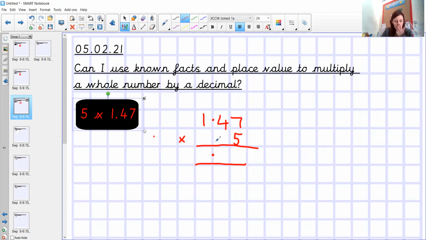So laying it out correctly, lining up that decimal point. 5 times 7, excellent, gives me 35. 5 times 4 gives me 20, making sure I carry the 3. It gives me 23. And then 1 multiplied by 5 gives me 5, 6, 7 from down there. Giving me an answer of 7.35.